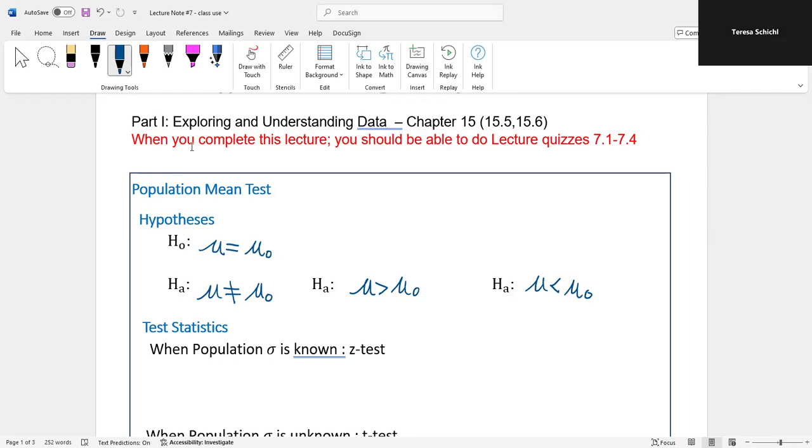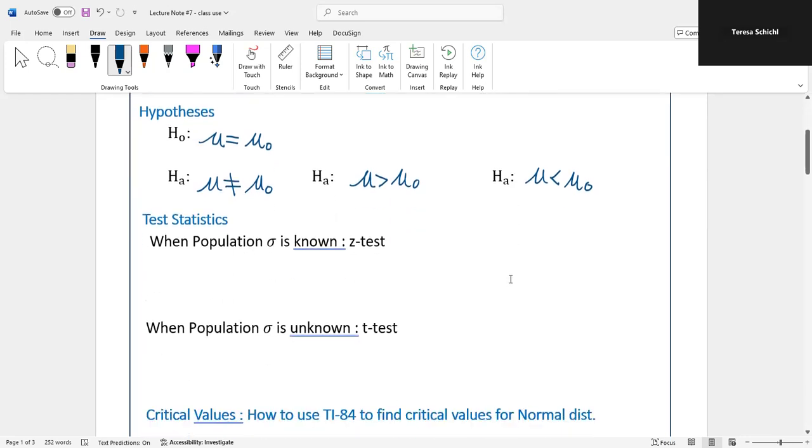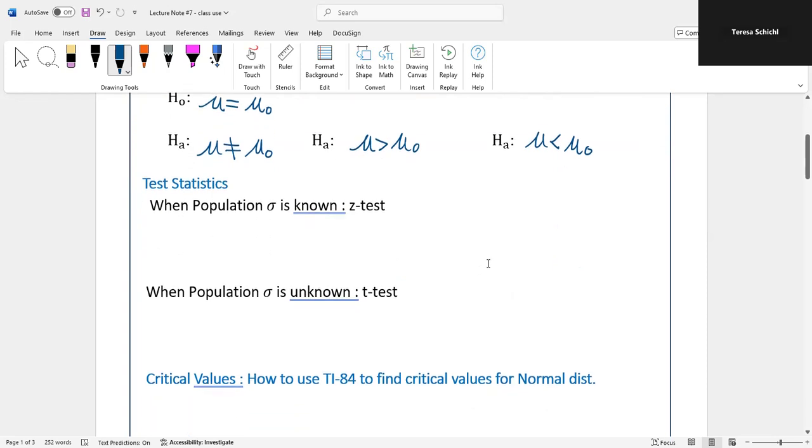Now for the test statistic, like always, I don't really require you to remember it, but here we have a little bit of difference from the population proportion. For the population proportion, we just used the z-test, right? But in testing the population mean, we have two kinds of tests: the z-test and the t-test.